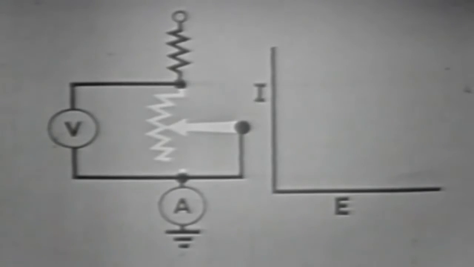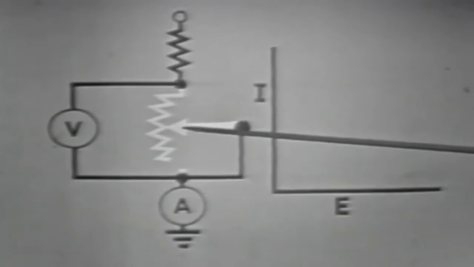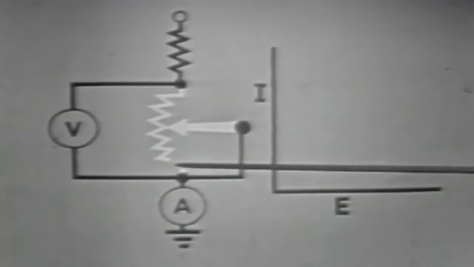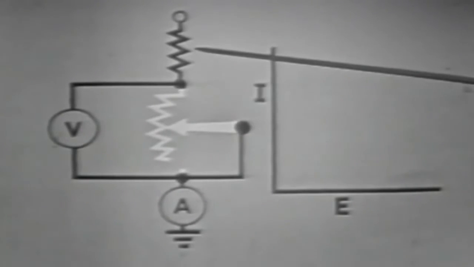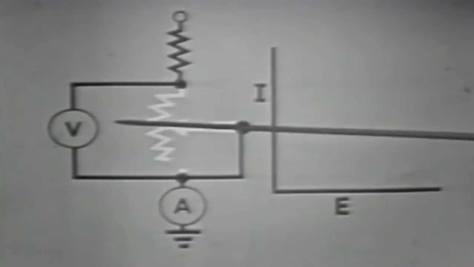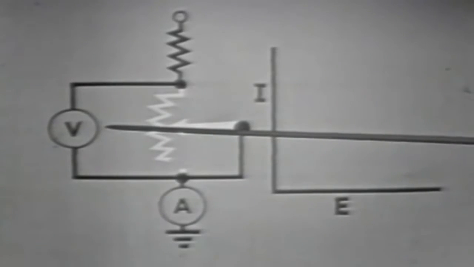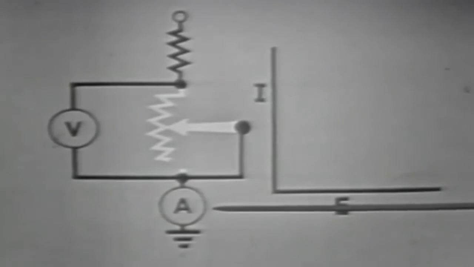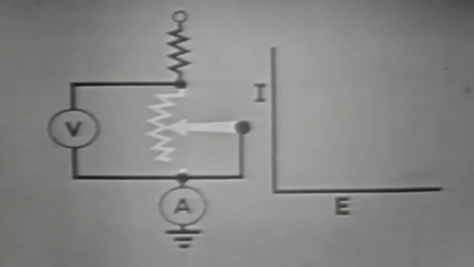To illustrate a load line, we'll use a simple DC circuit with two resistors. One resistor is variable from 0 ohms or short to an open, and the other resistor has a fixed value. The voltmeter measures the voltage across the variable resistor, and the ammeter measures total current in the circuit. As the resistance is varied, we'll put current and voltage on a graph.